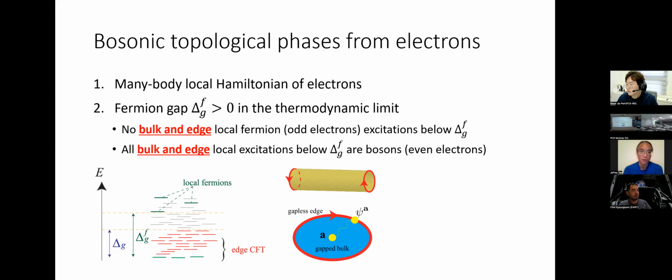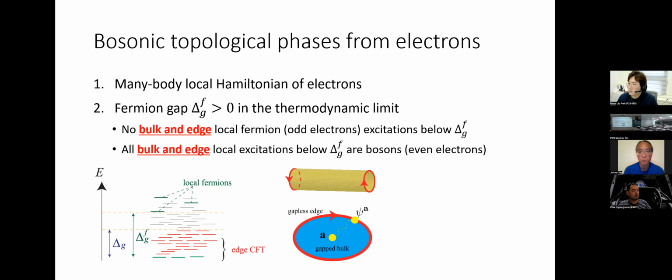We'll rely on a notion of bosonic topological phases that are constructed from electrons. So electrons are fermions. In this case, we have a many-body local Hamiltonian of electrons. What it means is that it's a Hamiltonian operator that is built out of electrons, and the interactions only couple electrons locally.